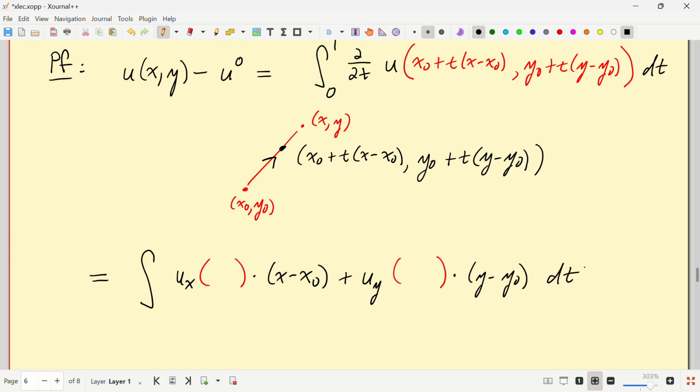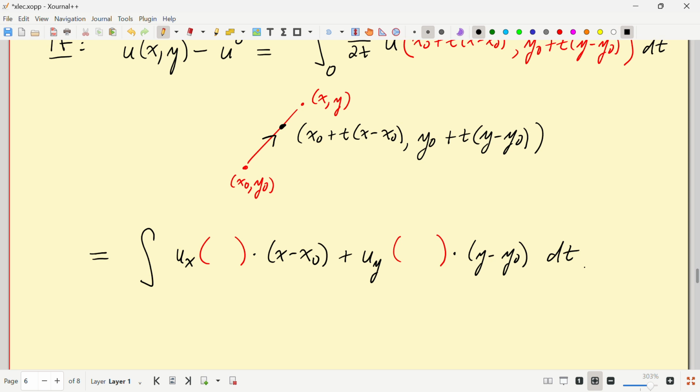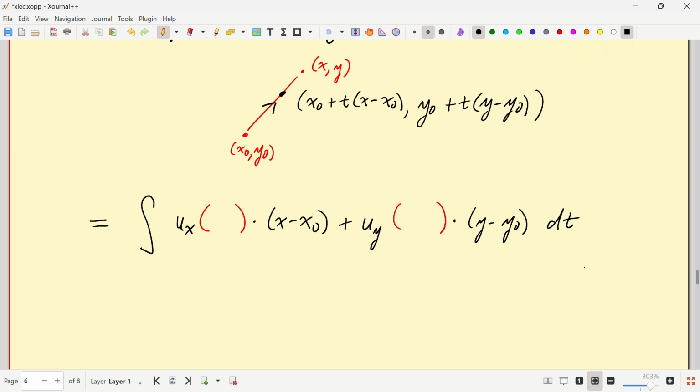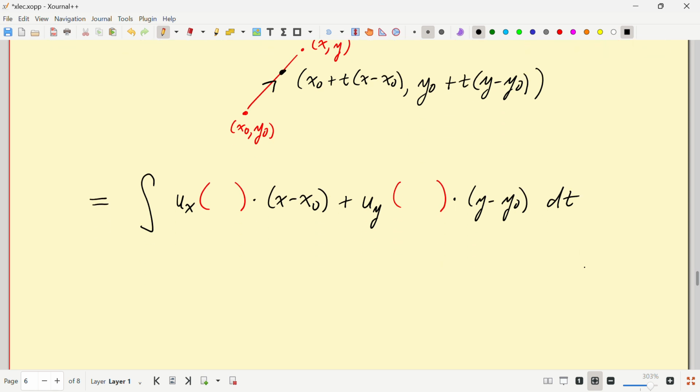Okay, that's a nice thing to have right there. So that's a simple expression for that difference, and it's going to be easy to analyze.